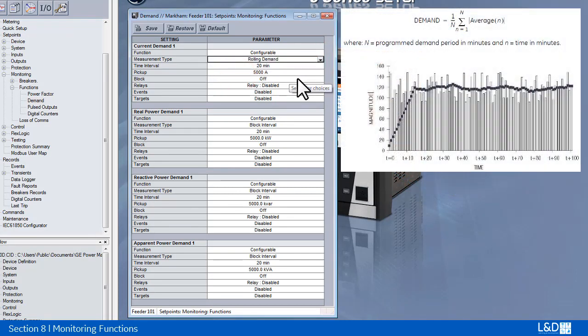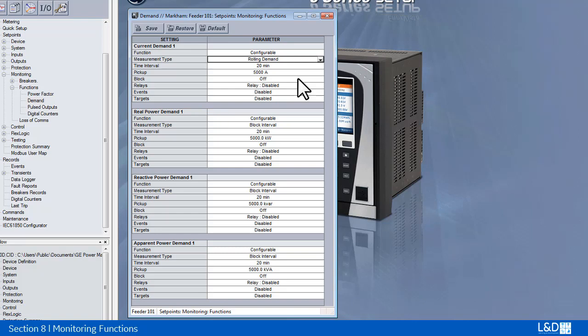This selection calculates a linear average of the quantity over the programmed demand time interval in the same way as block interval. The value is updated every minute and indicates the demand over the time interval just preceding the time of update.